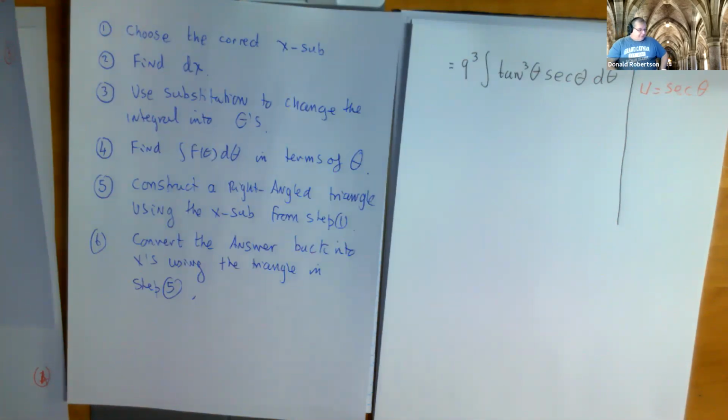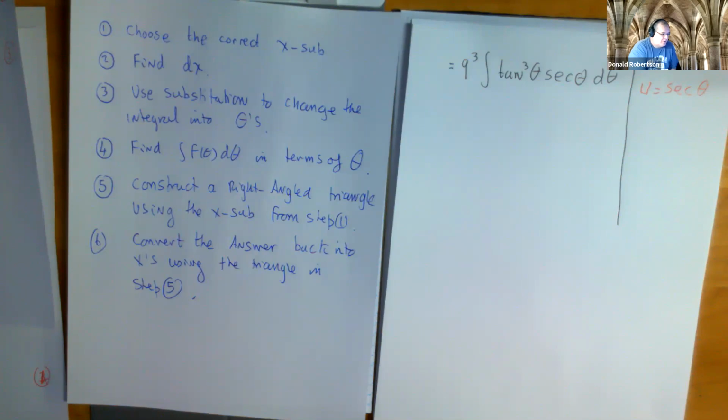Now, what would it be if I try tangent? Well, what do you get if you differentiate tangent? Let's talk it through. What's the derivative of tangent? Secant squared x or secant squared theta. Yeah. Is there any secant squares around here that might work?